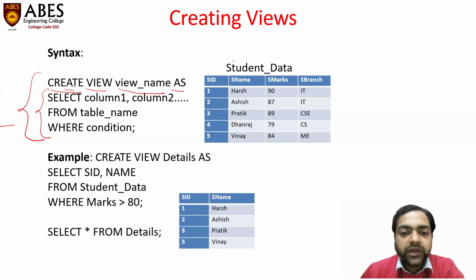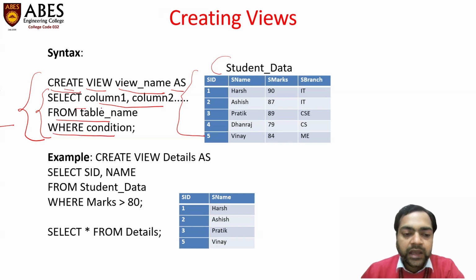For example, we have this student data with columns named SID, SNAME, student marks, and student branch. We want to create a view from this table. We mention SELECT column 1, column 2, up to however many columns we want in our view, FROM which table, and on which particular condition.